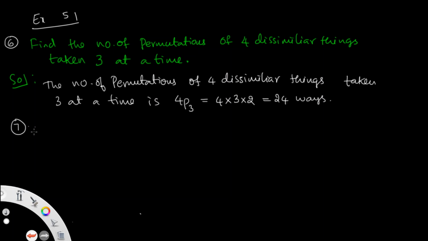Question number 7. A man has 4 sons and there are 5 schools within his reach.